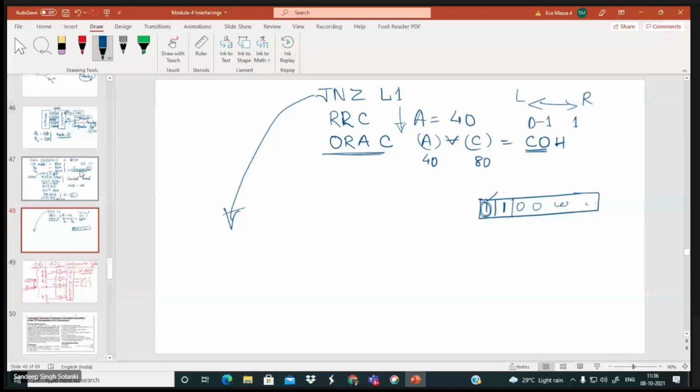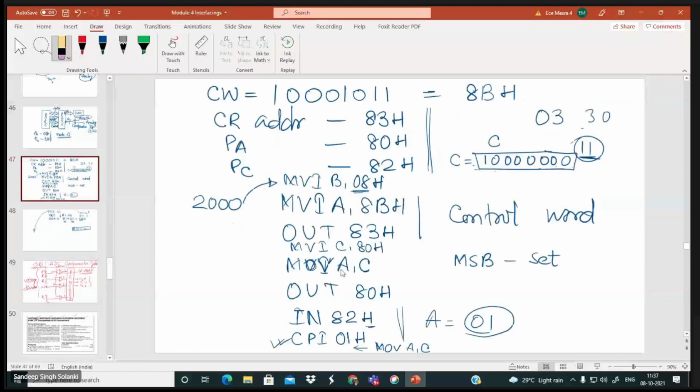Already this part you have. It means already C to A you have, so there is no need to write again. So I mean to say that you wish to come to this part.